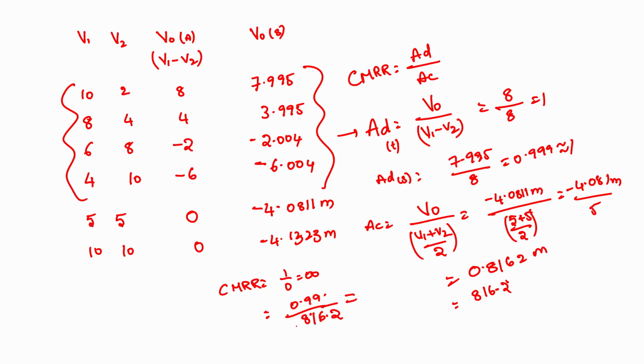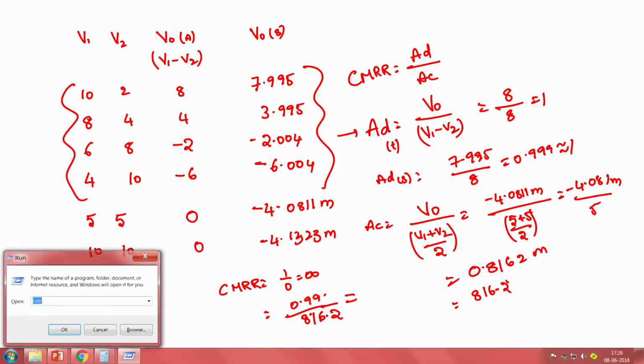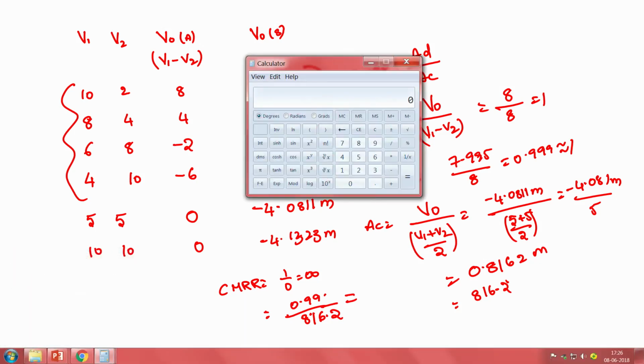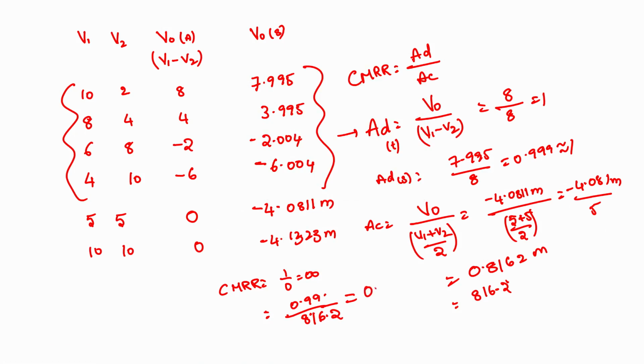So, the value, let me take a calci, 0.99 divided by 816.2, which is 0.0012.